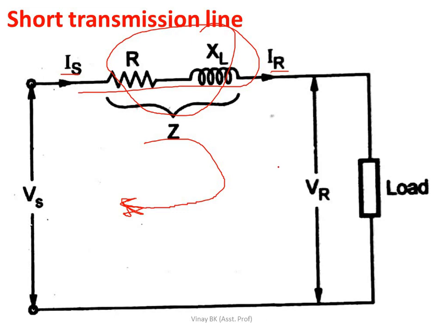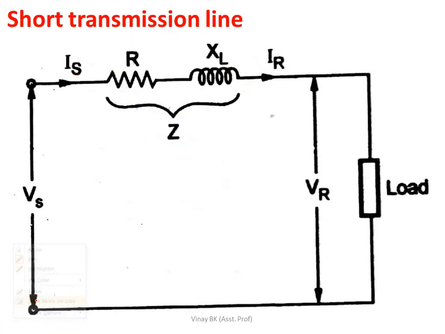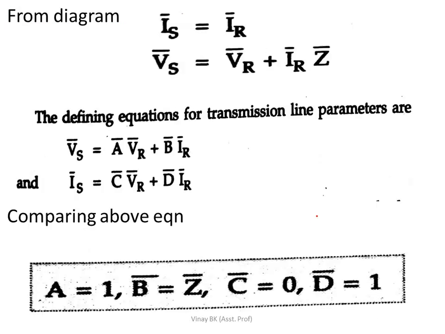After getting this, we compare these expressions with the standard equations of the generalized constants, that is the ABCD parameters. From the circuit diagram, I'll call Vs equation number 1 and Is equals IR equation number 2.